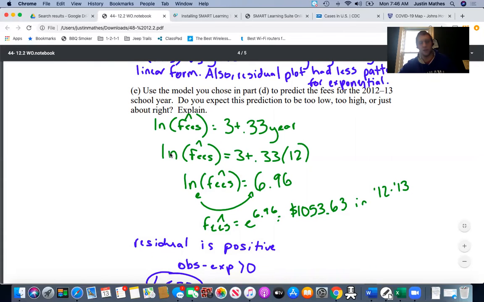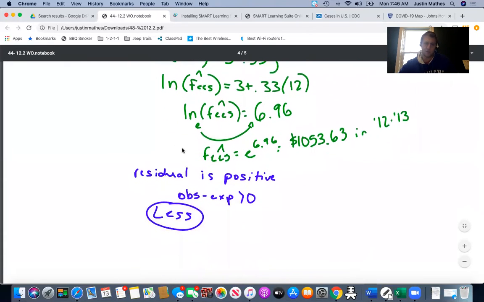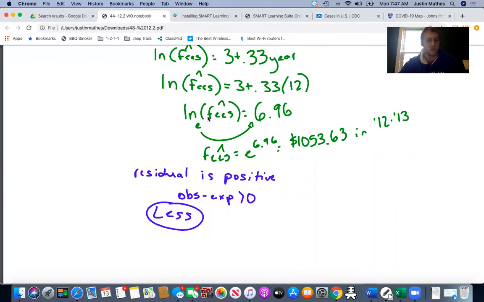So boom, we end up with natural log fees equals some number, which is how these problems are going to end, with either log something or natural log something. So again, take my base to the power on the other side, fees equals e to that, and we get about $1,053 in fees in 2012.